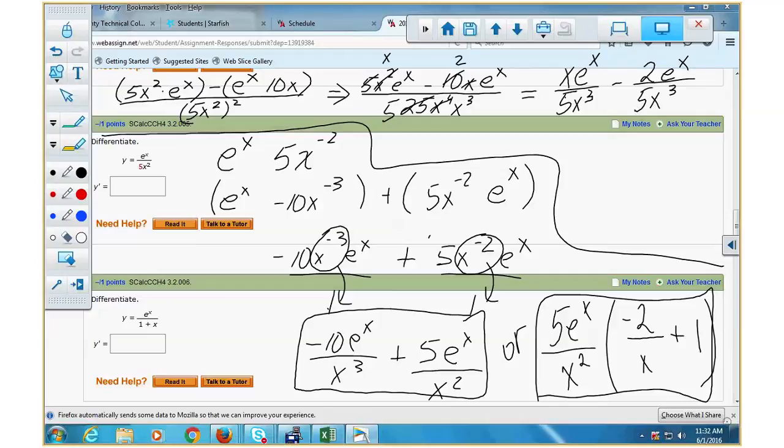And what happens to these two x's? They cancel and you get e to the x over 5x squared minus 2e to the x over 5x cubed.